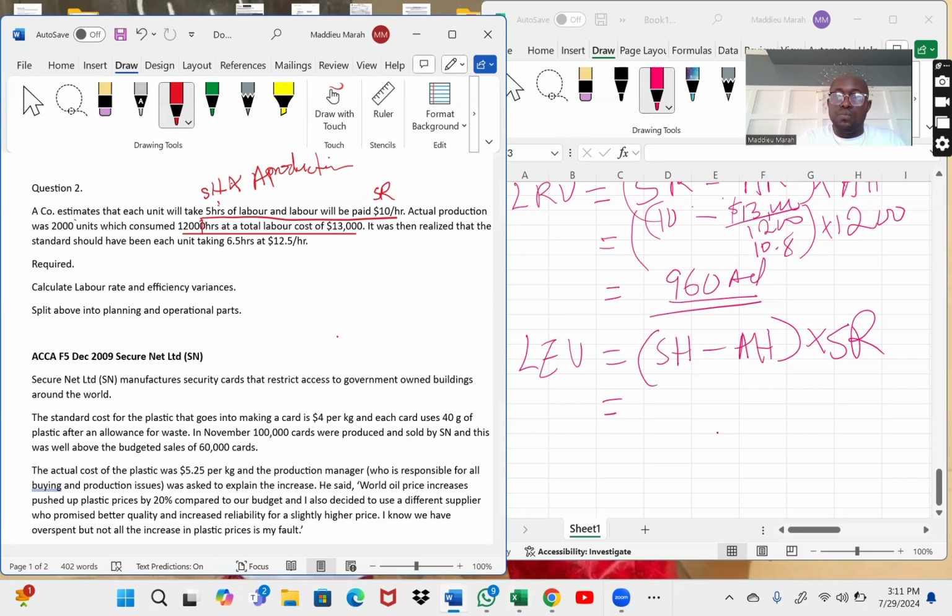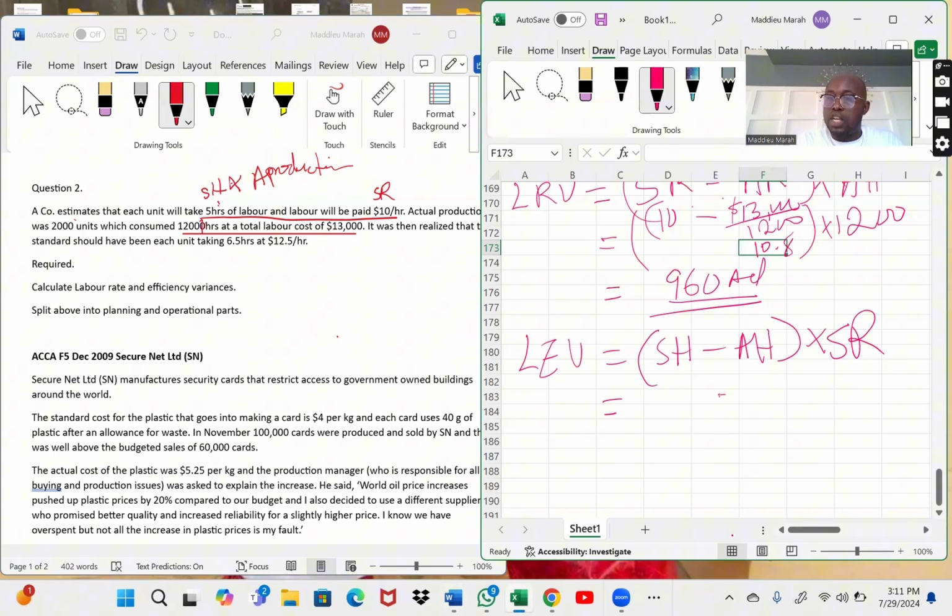So 5 hours, and what's our actual production? Actual production was 200. And what's our actual hour? Our actual hour is 1,200. And our standard is 5 times 200, which is 1,000.